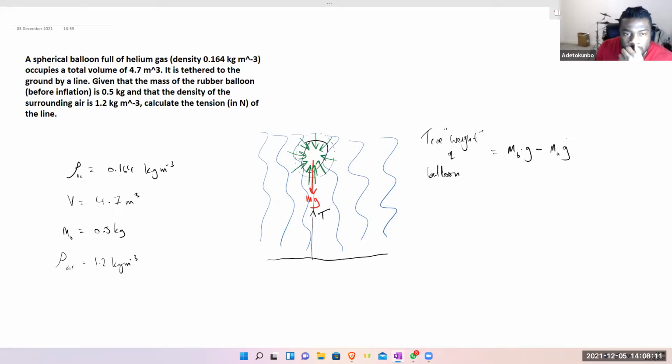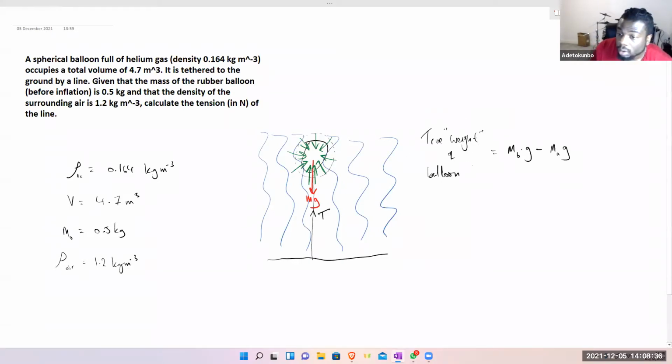So are we basically just assuming that the density of the balloon is effectively 0.164? Okay, you know what, we also have to talk about the gas inside the balloon. So the total mass of the balloon is the mass of the balloon plus the mass of the helium gas inside the balloon.